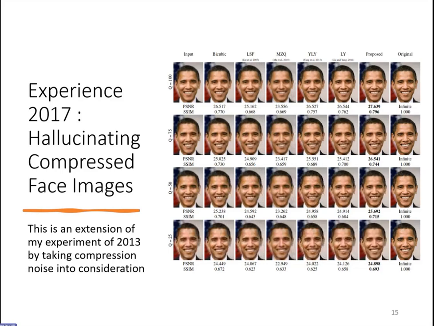So I submitted to journal papers, because in the computer vision field, usually people pay attention to conference papers, because conference papers come out every year, or twice or 3 times per year. So if you want to know the latest development of computer vision, then you read conference papers.